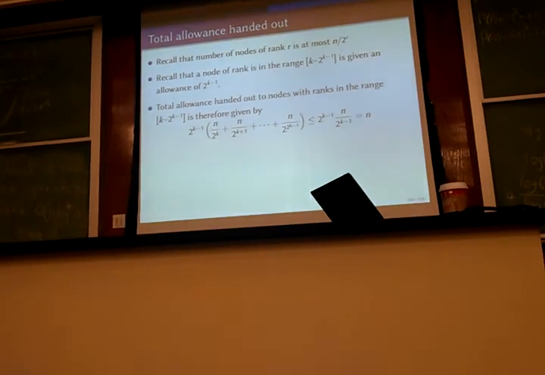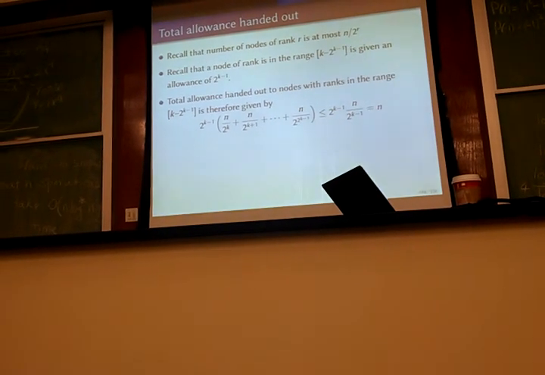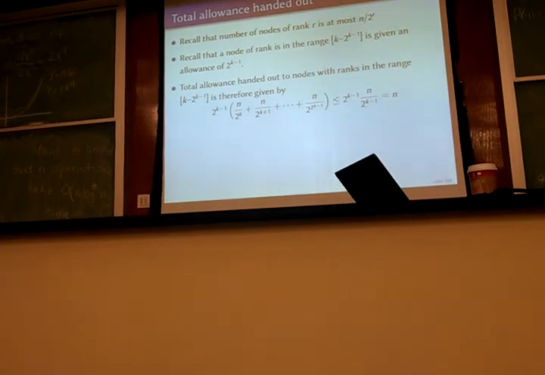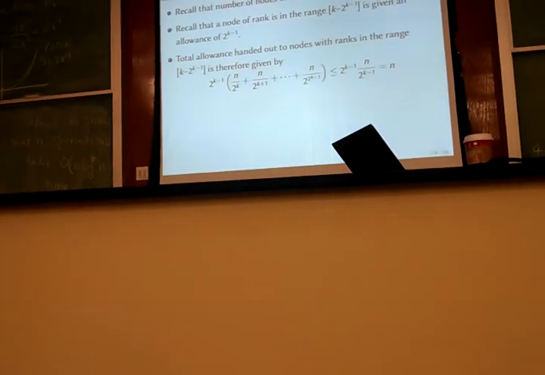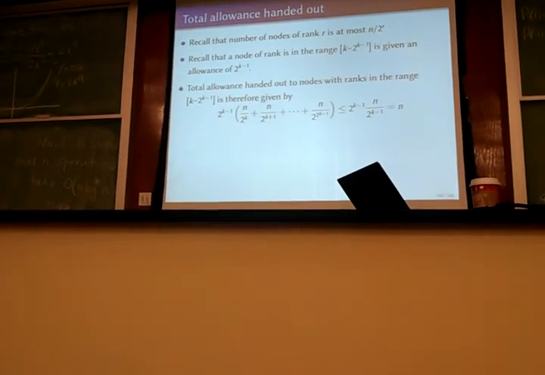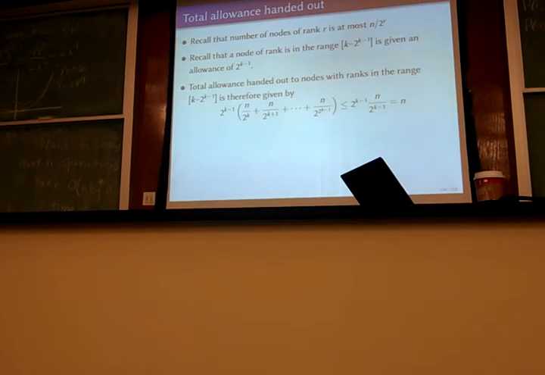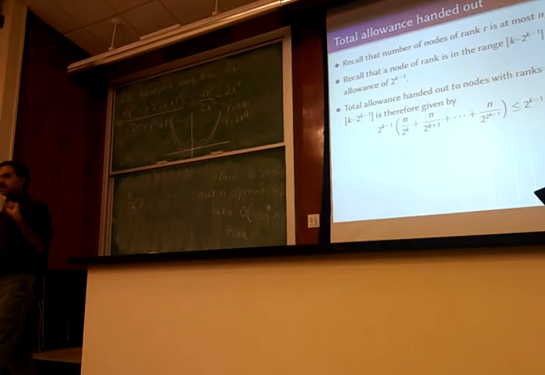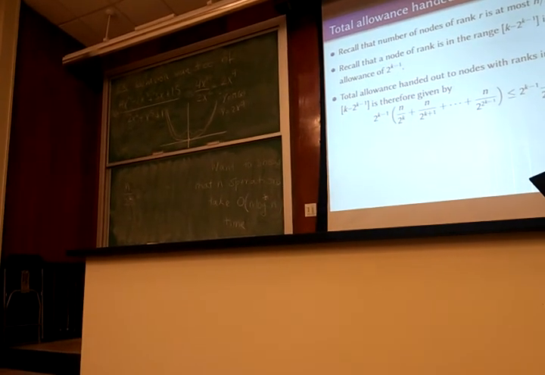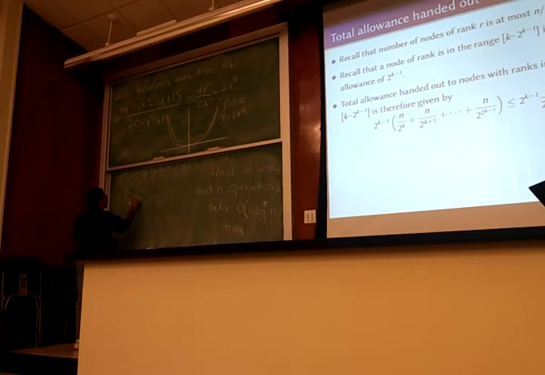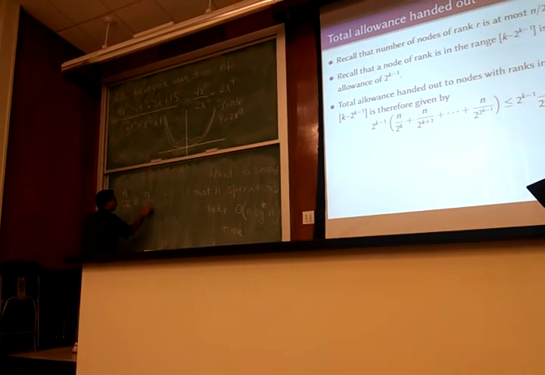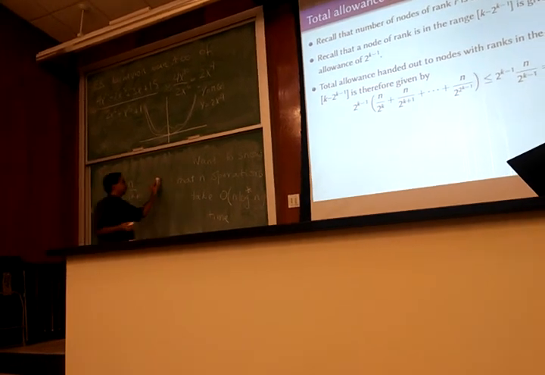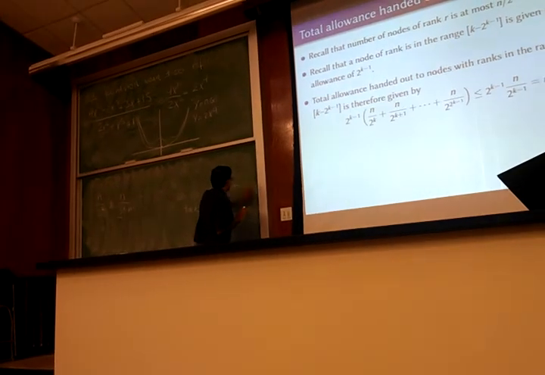So if you have a rank of k, that calculation says the number of such nodes is n by 2 to the power k. So we have n by 2 to the power k nodes which have rank k. Then we have n by 2 to the power k plus 1 nodes of rank k plus 1, and so on.